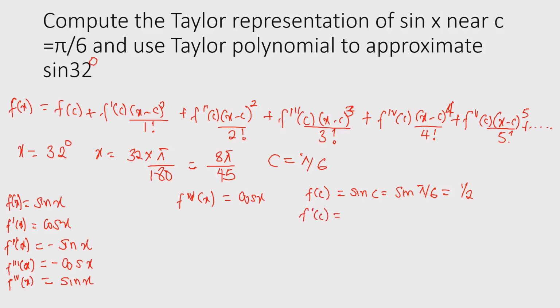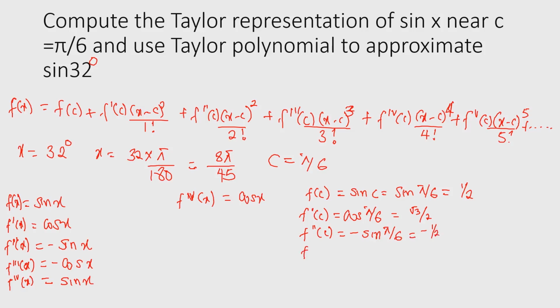f prime of c is going to be cos pi over 6, which is root 3 over 2, and f double prime of c, that is the second derivative, is going to be minus sine pi over 6, which is the same as minus 1 over 2.